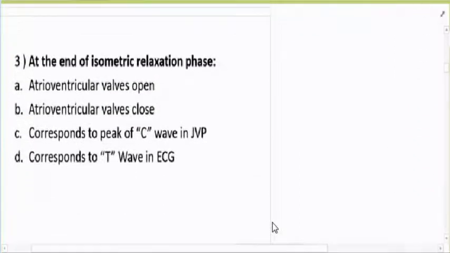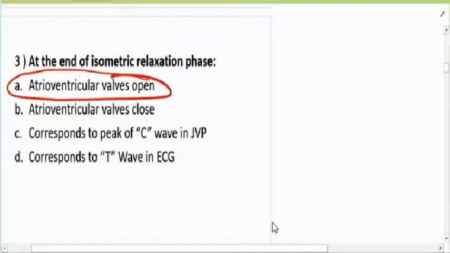Next, let's have a look at the next question. This says, at the end of isovolumetric relaxation, what is going to happen? Is it going to be atrioventricular valves will open or close? Remember, relaxation is a phase of filling. After the isovolumetric relaxation phase, the atrioventricular valves will open, and this will then result in the filling phase.